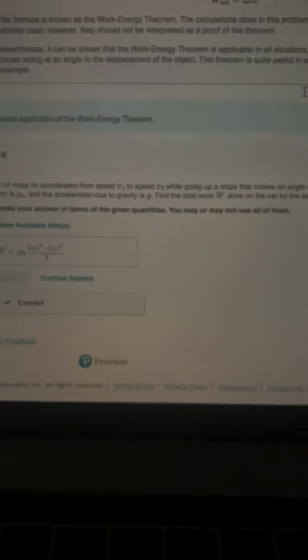So for the final part, we want to know what the work done is. W can just be written as m times v2 squared minus v1 squared, all over 2, but we don't have the displacement given in the problem. So that's the work done, and that concludes this problem.